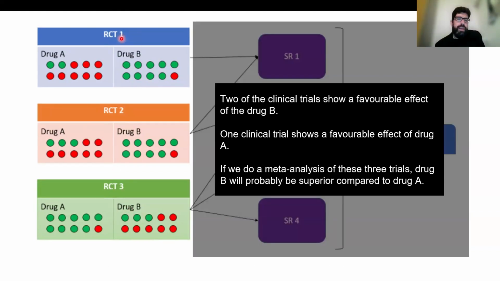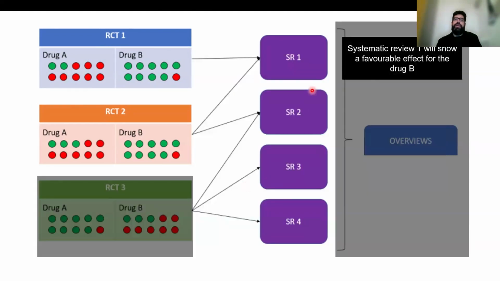So what is the truth that the primary studies tell us? Is that 2 of the clinical trials show a beneficial effect of drug B, 1 shows a favorable effect of drug A, and if we do a meta-analysis, probably drug B will be better than drug A. But what are the systematic reviews saying?